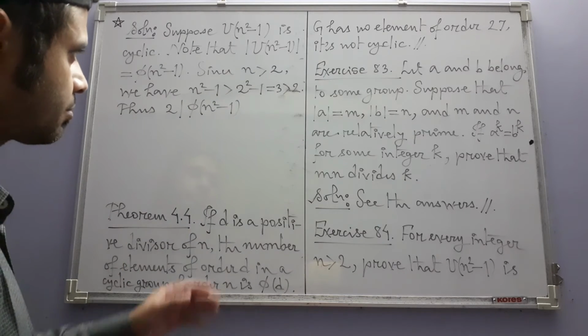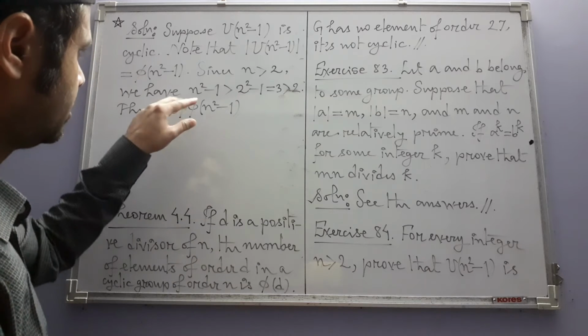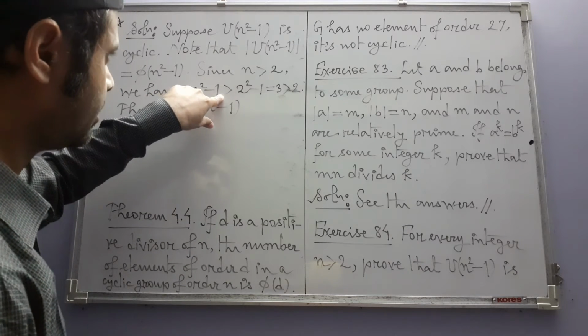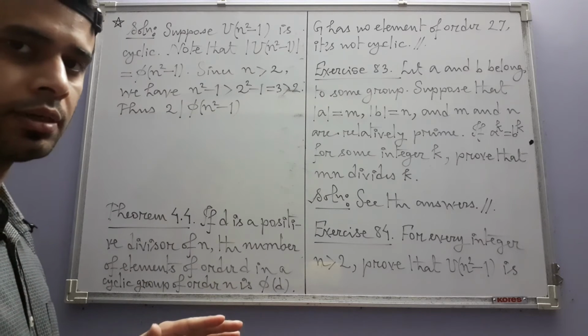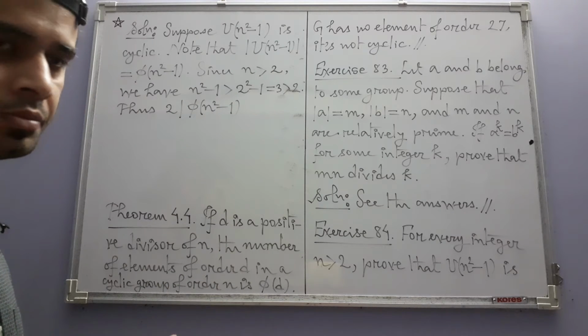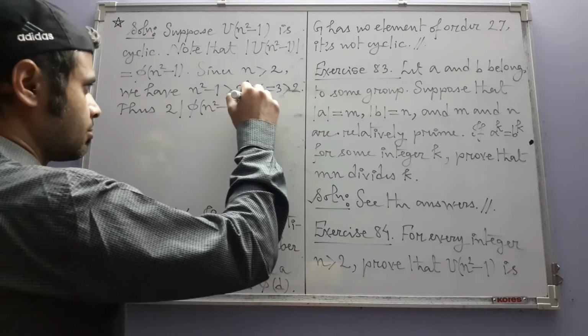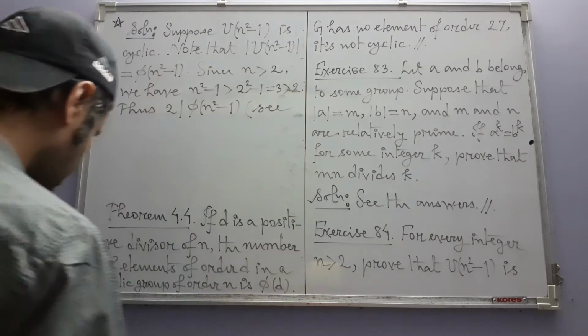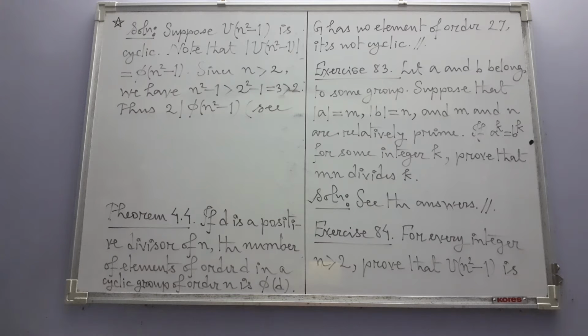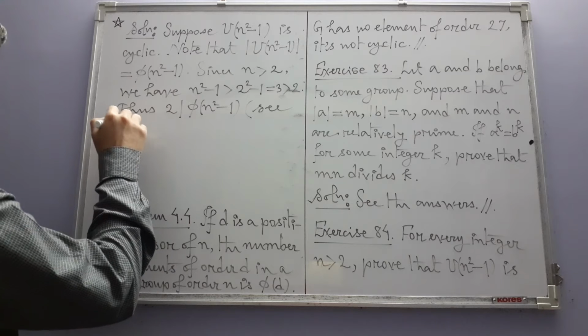There is a result which says that if you have an integer greater than 2, then the phi value of that integer is always even. For this result, you can look from some other source also, but I prefer this one.